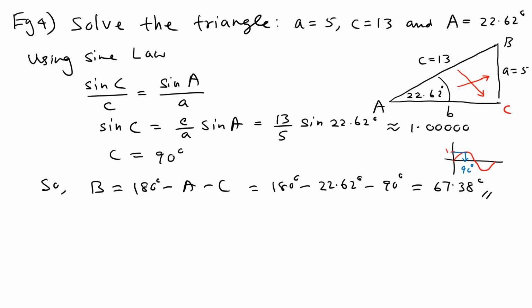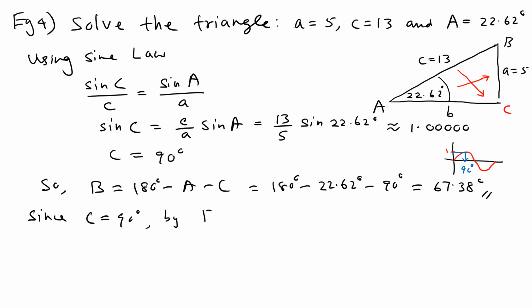So that's the angle B. Now we know all three angles, and we already know two sides. To find the other side, since this is a 90 degree angle, we can use the Pythagorean identity. You can also use the sine law, but I'm going to use the Pythagorean identity because angle C is 90 degrees.